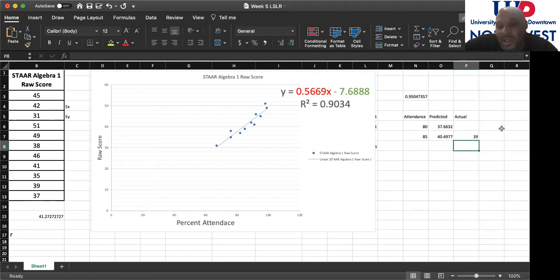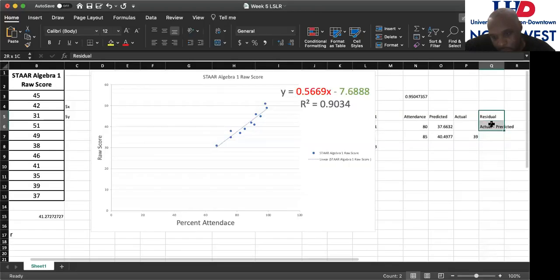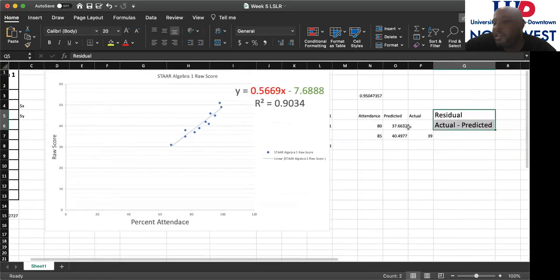So to find the residual, it is always equal to the actual value minus the predicted value. So the residual is always equal to the actual minus the predicted.